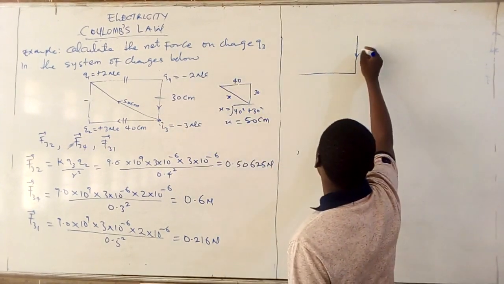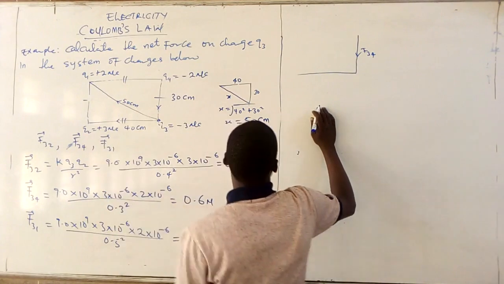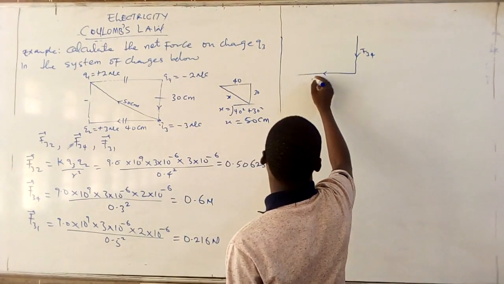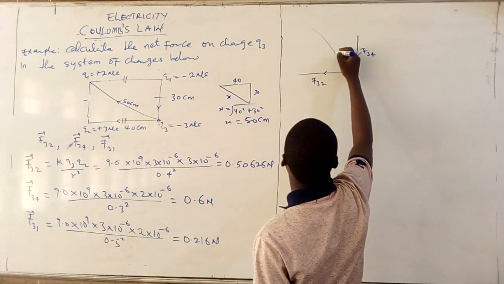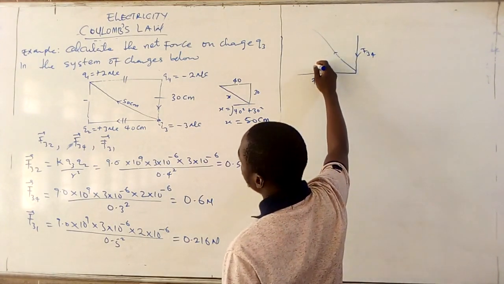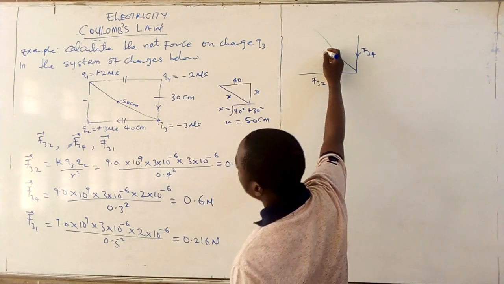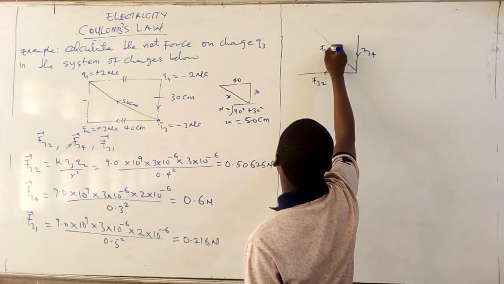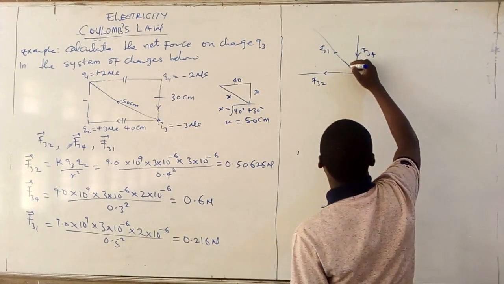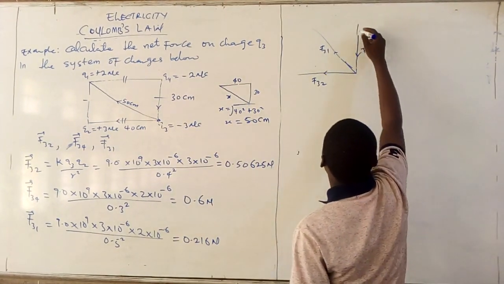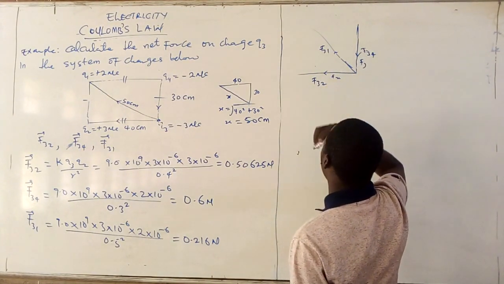F34 is moving downward, F32 is moving in this direction, and we have a resultant force moving upward, which is F31. So we have to resolve this force into both vertical and horizontal. This is Fx and this is Fy.